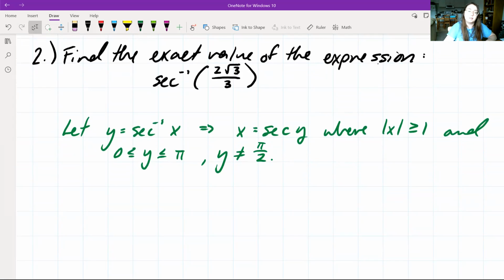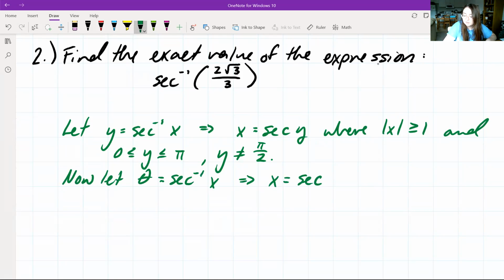So the setup of this problem gives us this intuition. Now we're going to write this in terms of theta instead. So we're going to let theta be equal to secant inverse of x, where now we get that x is equal to secant of theta, where theta is between 0 and pi, and it does not equal pi halves.